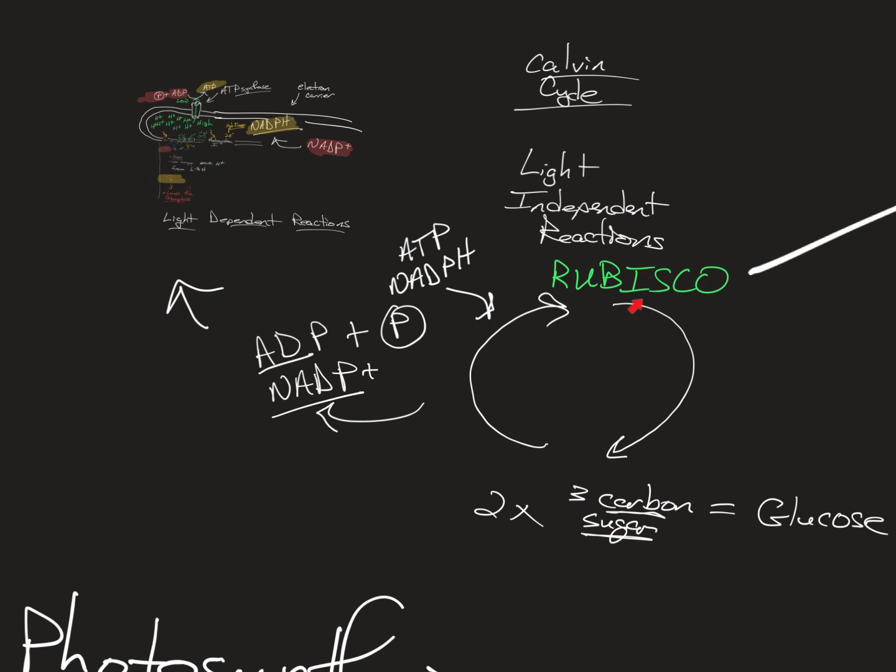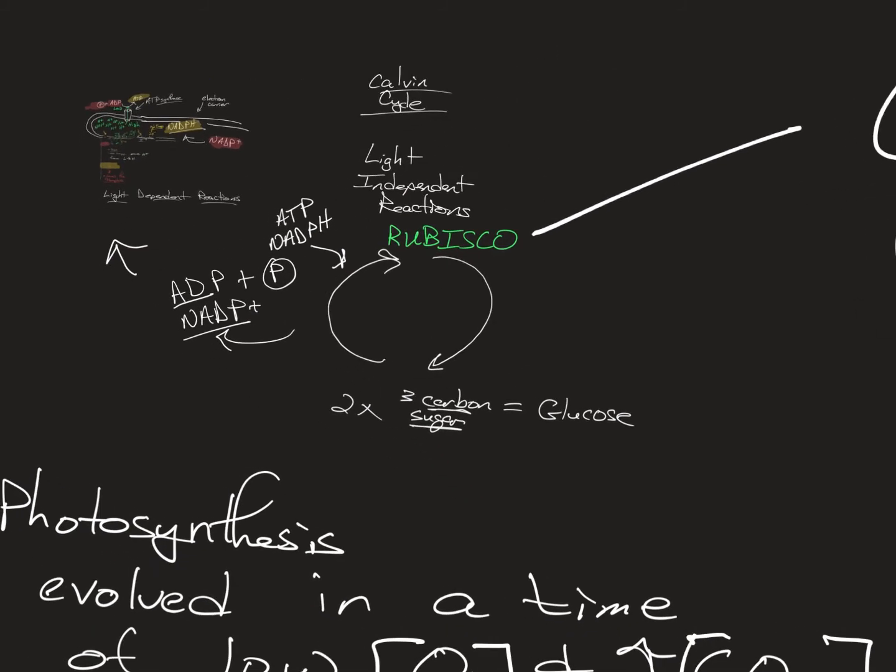So if rubisco is not capturing CO2, if this is not turning, you're not using up ATP. In other words, you're stopping this from occurring. Correct? 50%. Do you hear what I'm saying?